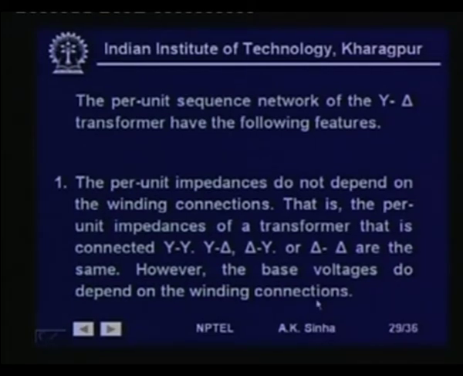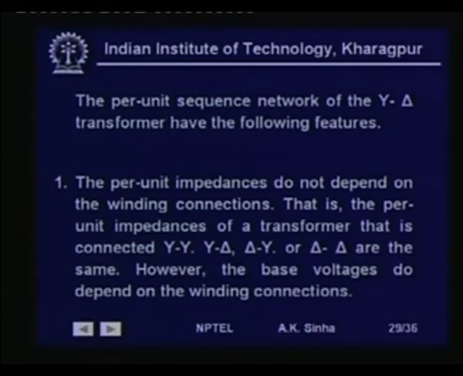That is, if you make a star or delta connection, then the voltage on the line side is going to change. If it is star, it will be √3 times the voltage you will get with a delta connection. That does happen, but the line side voltages will become different.